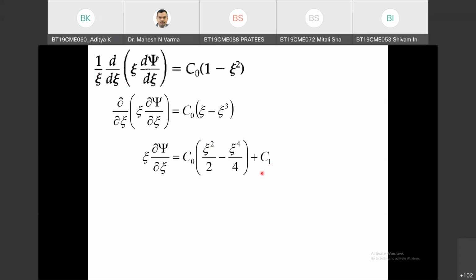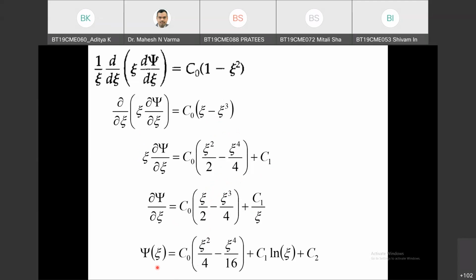Again rearranging with respect to epsilon, this will be C0 epsilon by 2 minus epsilon cubed by 4 plus C1 by epsilon. Integrating again, psi of epsilon equals C0 epsilon square divided by 4 minus epsilon raised to 4 divided by 16 plus C1 ln epsilon plus C2.